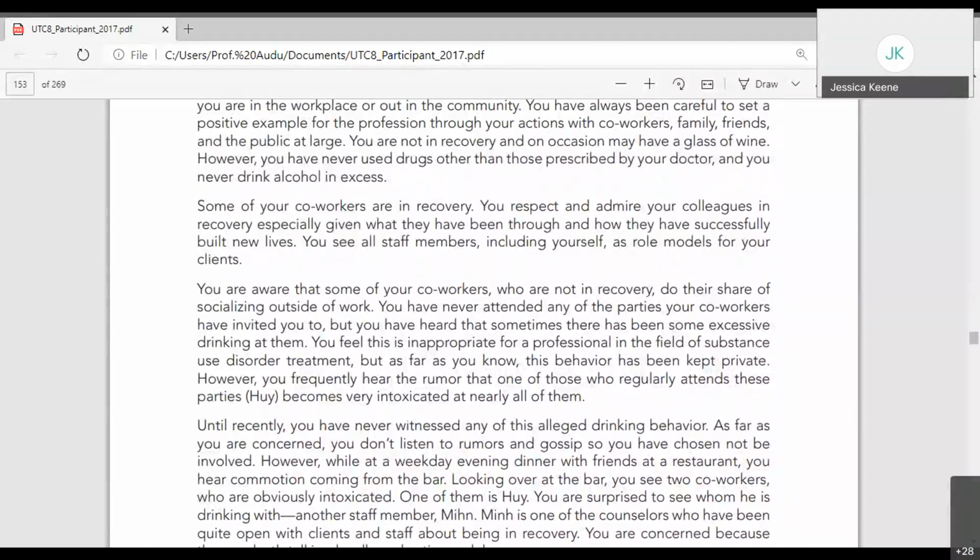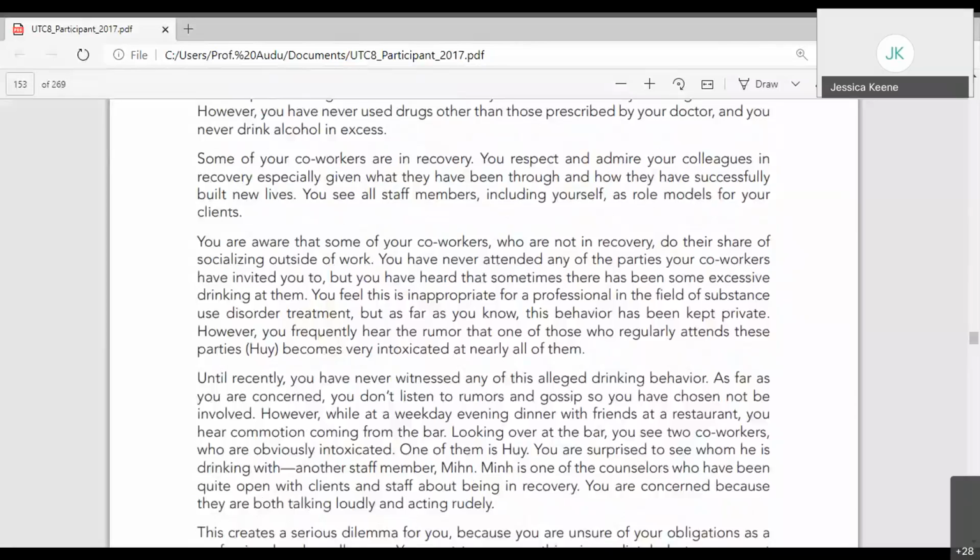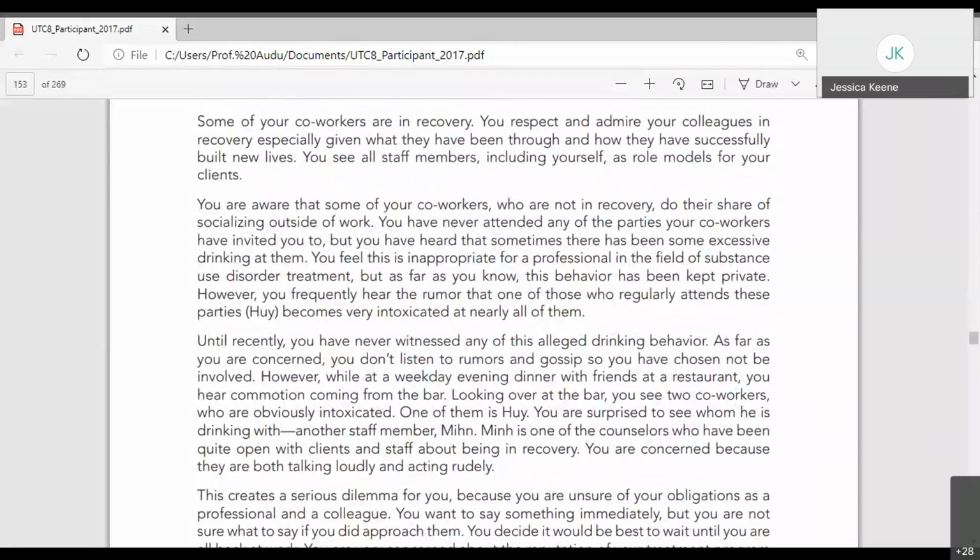Some of your co-workers are in recovery. You respect and admire your colleagues in recovery, especially given what they have been through and how they have successfully built new lives. You see all staff members, including yourself, as role models for your clients. You are aware that some of your co-workers who are not in recovery do their share of socializing outside of work.